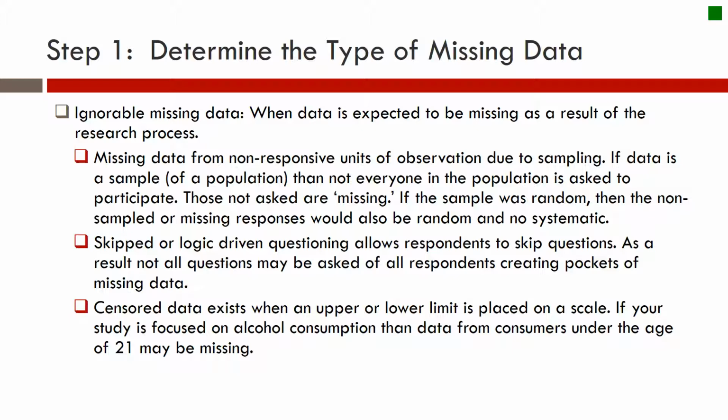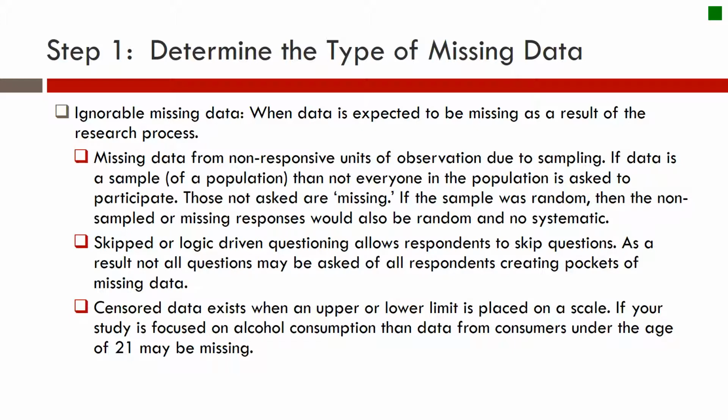So missing data could exist because some respondents simply don't respond. So non-responsive members of our sample, they're missing, and we don't have data for them, but they're missing because they chose not to take the survey, or they were not asked to take the survey, or something along those lines.